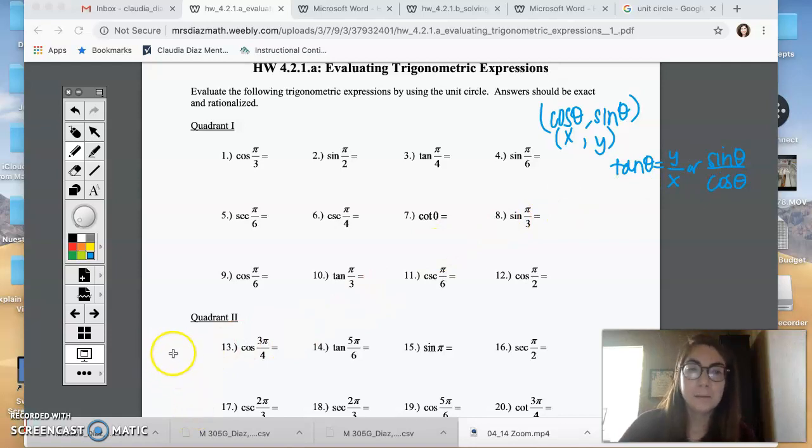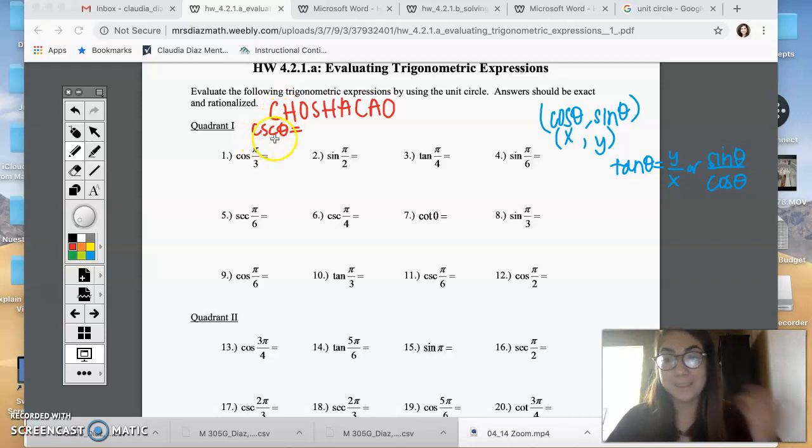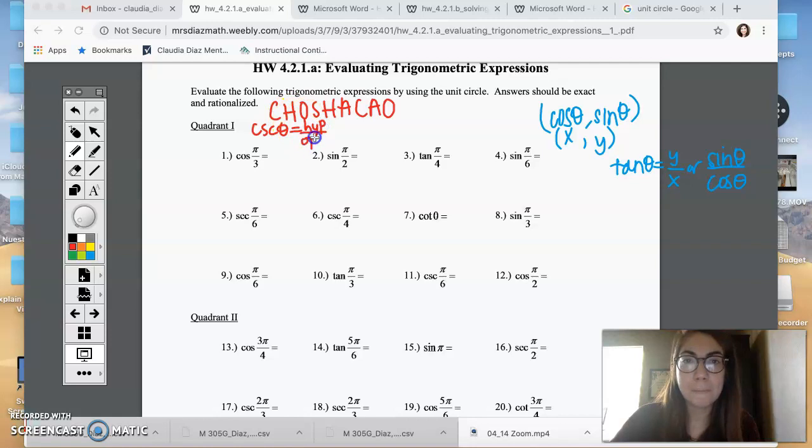We also learned a phrase at the beginning of the semester: "CHO SHA CAW" (cosecant, secant, cotangent). Those are the reciprocals of the original three trig functions. The C is for cosecant, and cosecant is the reciprocal of sine, which is hypotenuse over opposite.